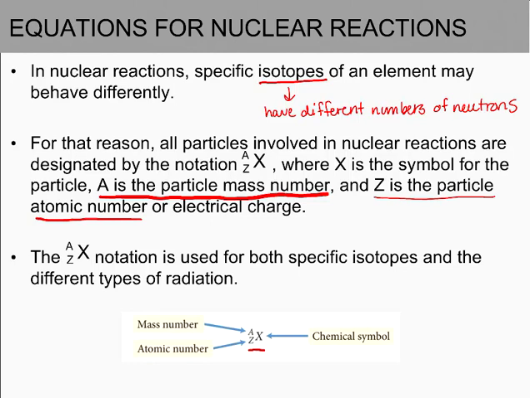For our discussion on nuclear reactions, we're also going to use the Z symbol to represent electrical charge. So Z will represent either atomic number or electrical charge. Down below, remember that we can write the chemical symbol, and then to the upper left of the symbol, we'll put the mass number, and then to the lower left, we'll put the atomic number or the charge.